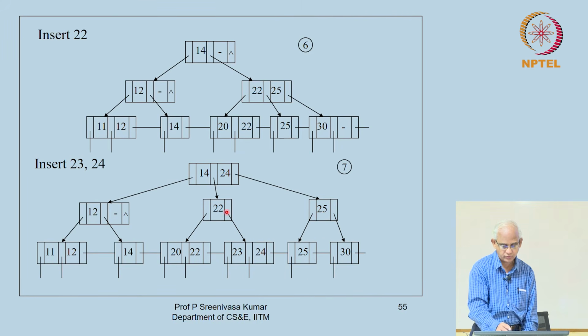The middle one, 24, which we are trying to insert, is moved up and put at an appropriate place, so that the search can be guided to the appropriate subtree. Now, you can see that 24 is the maximum value in the subtree that is pointed to by this particular pointer. So, that property is kept as it is.